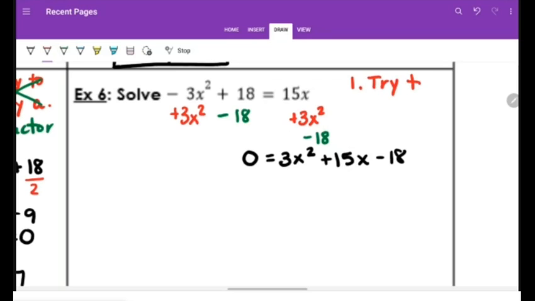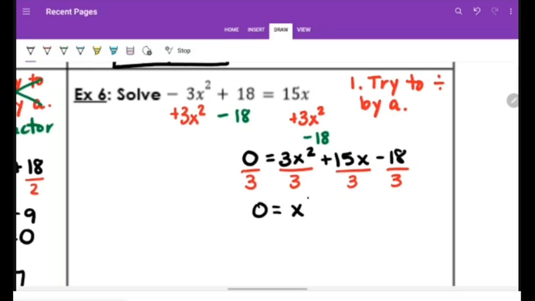So try to divide by a. A in this case is 3. So we're going to try to divide everything on both sides by 3. And this one actually does end up simplifying, and it gives us all whole numbers. So 3 divided by 3 is 1, so we get 1x squared. 15 divided by 3 is 5, so we get 5x. And then 18 divided by 3 is 6, so we get minus 6.